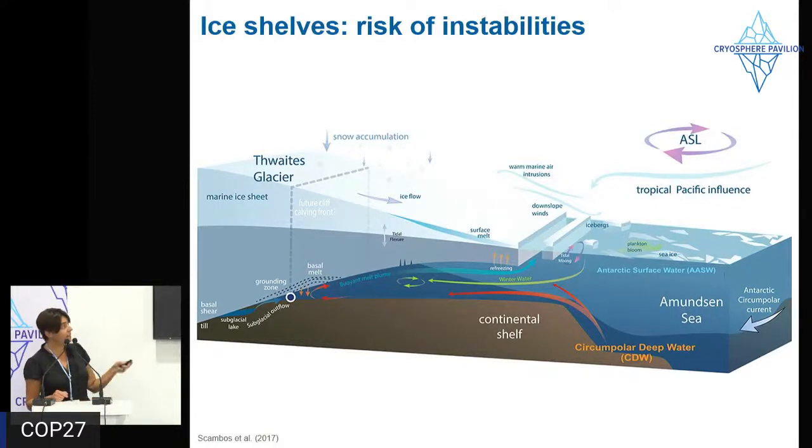So that's a glacier that is potentially very, very sensitive and has the potential to drain a lot of ice mass into the ocean, leading to a few meters of sea level rise if it occurs. So that's one of the main glaciers that is under monitoring right now by the community because of the potential sea level rise it might cause.